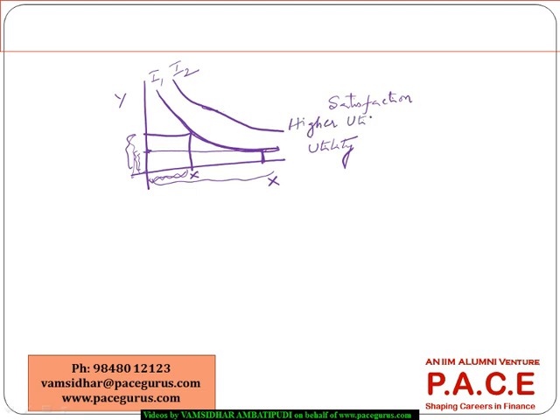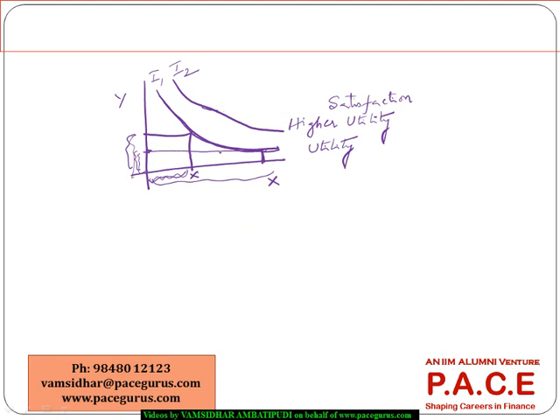As long as a particular combination is on the same indifference curve, the consumer is indifferent to the choice, and the ones above the current indifference curve, the consumer feels are much better compared to the earlier ones.